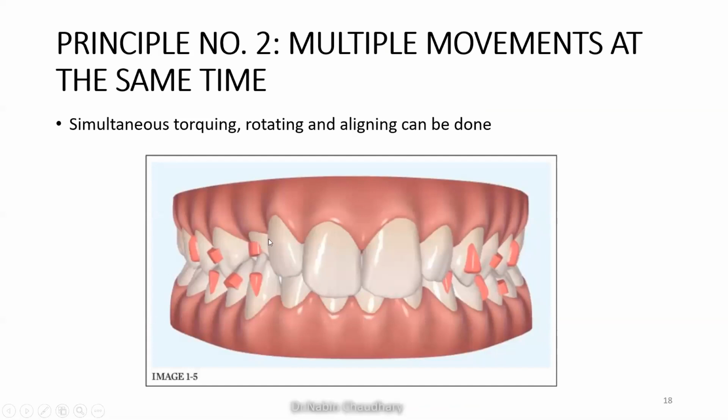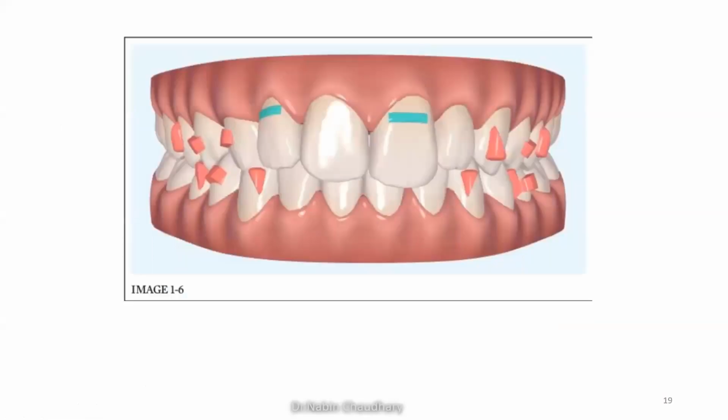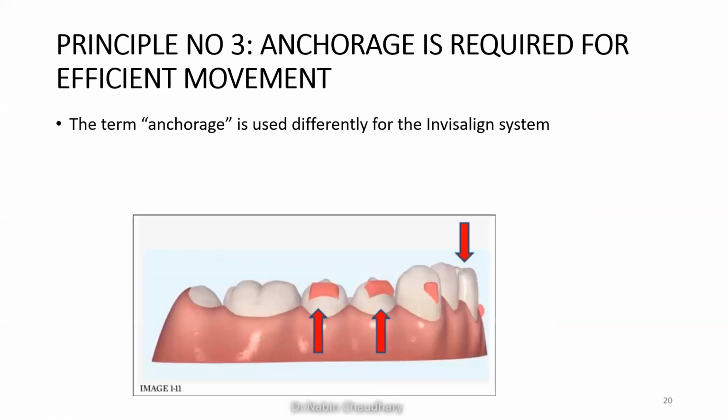For example, in this case, the right maxillary canine is in crossbite, so the torquing, rotating, and aligning of this tooth can be performed simultaneously through the use of Invisalign. This is the correction after the torquing, rotating, and aligning of the tooth that was initially in crossbite.